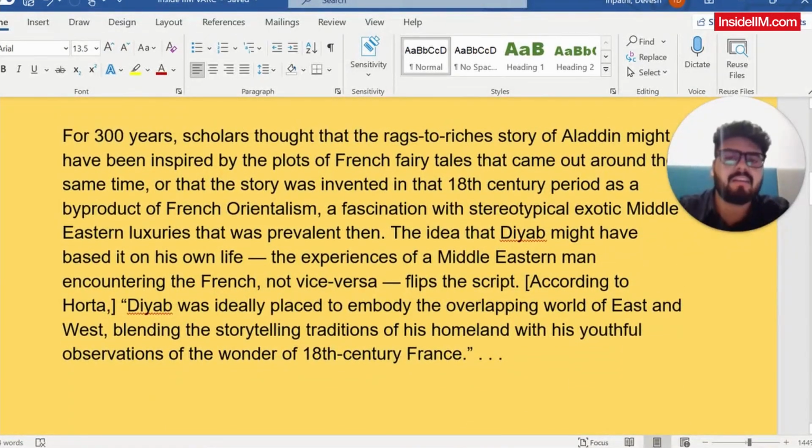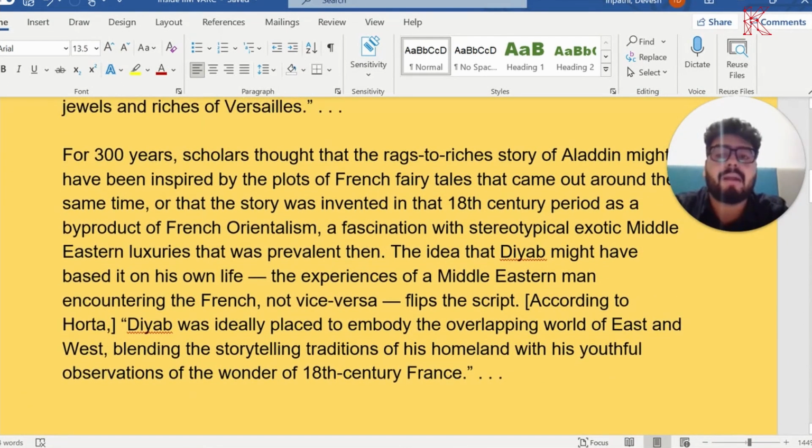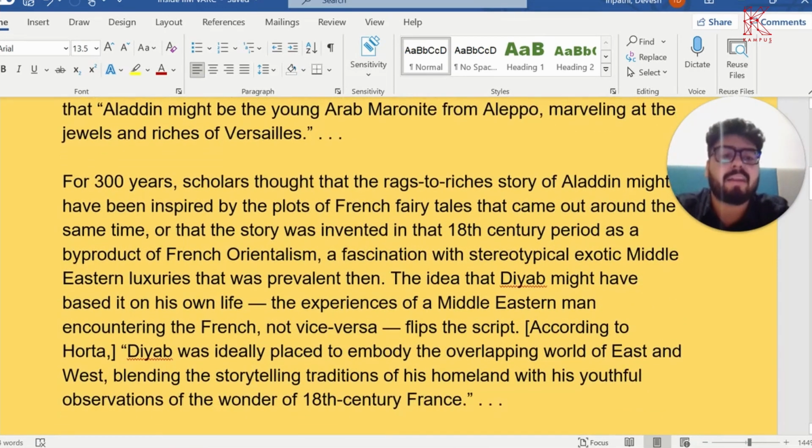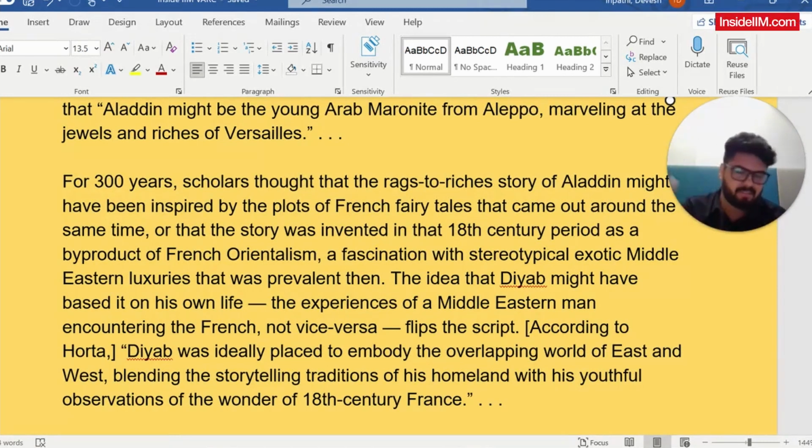For 300 years, scholars thought that the rags-to-riches story of Aladdin might have been inspired by the plot of French fairy tales that came around that same time, or that the story was invented in that 18th century period as a byproduct of French Orientalism. Very crisply, I'll describe what this whole paragraph tries to convey.